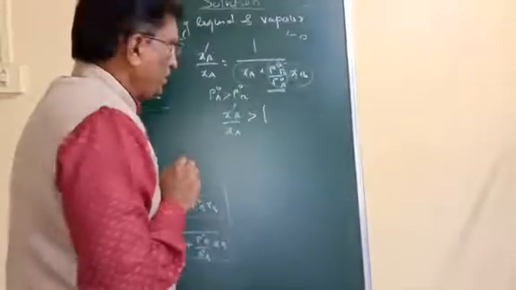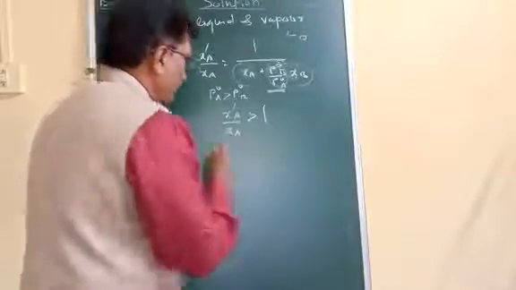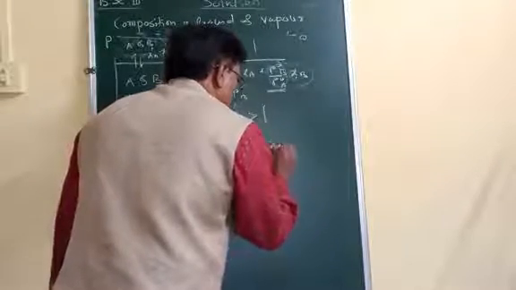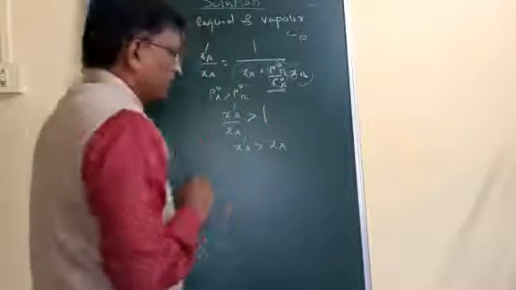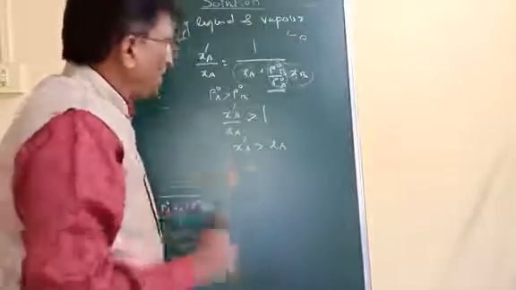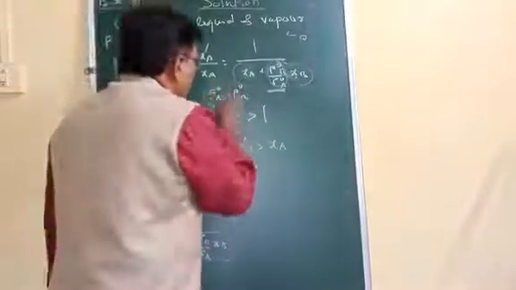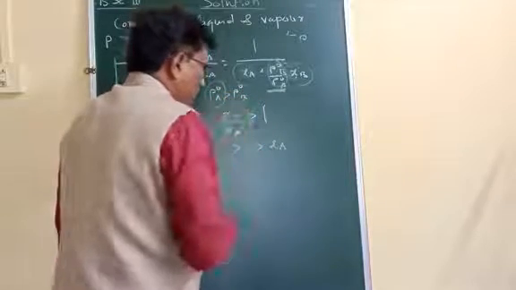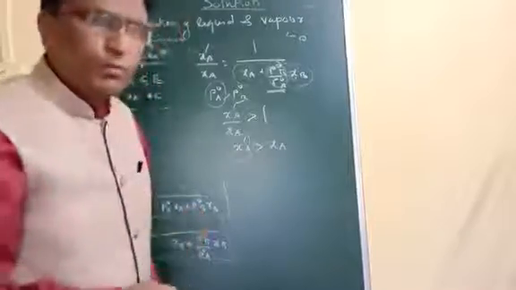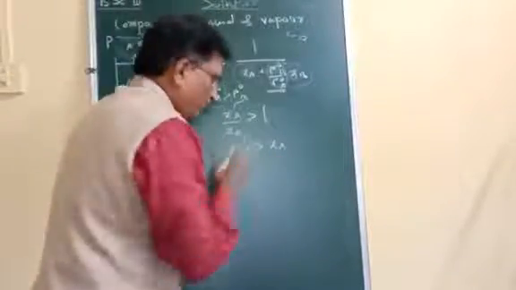X dash A upon xa is greater than 1, and therefore this becomes x dash A greater than xa. What does it mean? If the vapor pressure of A is greater than the vapor pressure of B, then A present in vapor phase is in a more proportion than liquid phase.